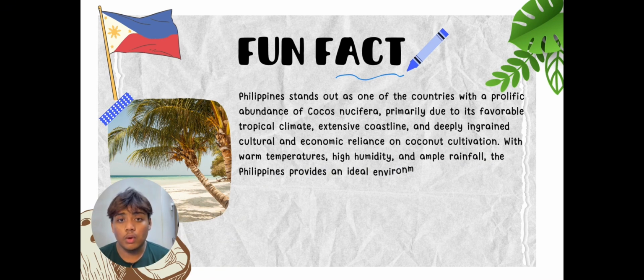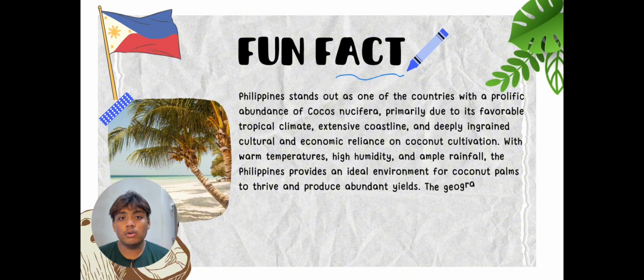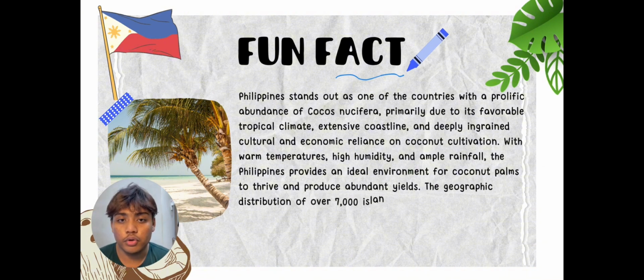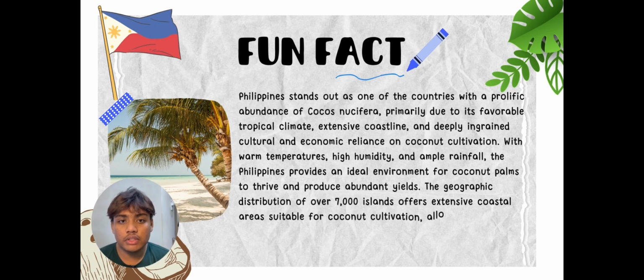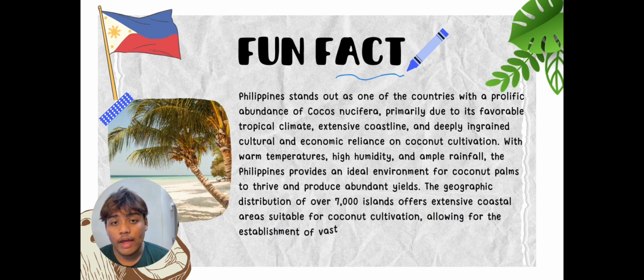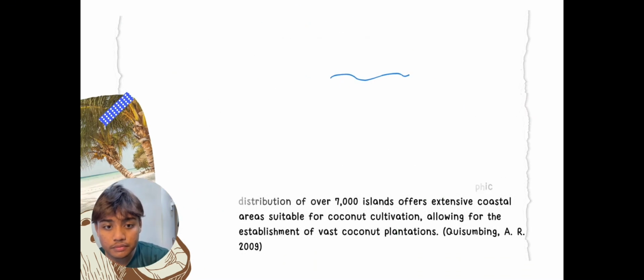The Philippines provides an ideal environment for coconut palms to grow and produce because it has warm temperature, high humidity, and ample rainfall. According to geographic distribution, over 7,000 islands offer extensive coastal areas suitable for coconut cultivation.